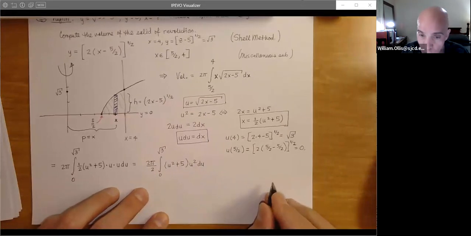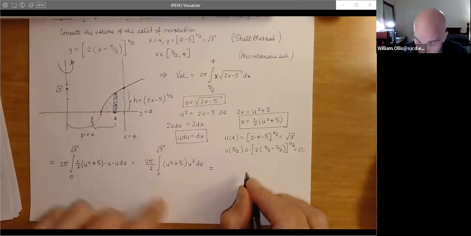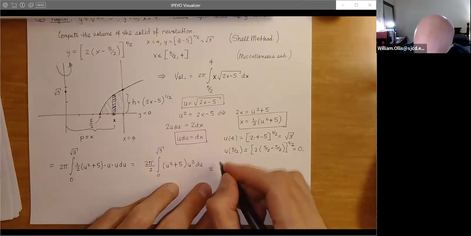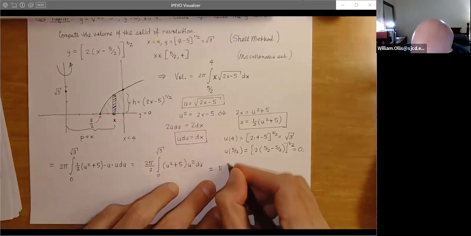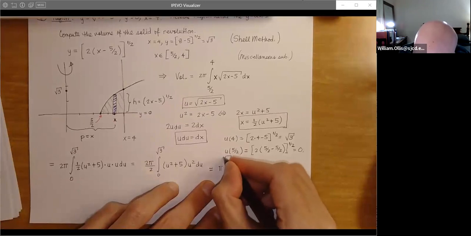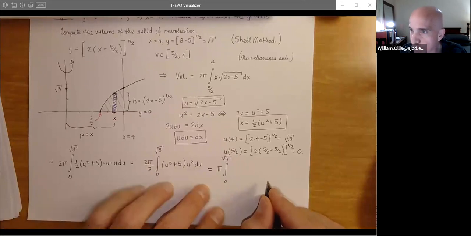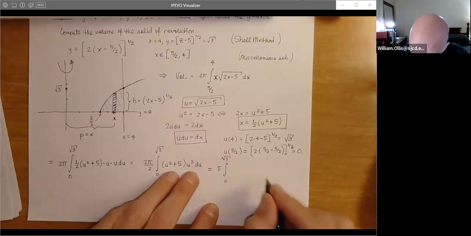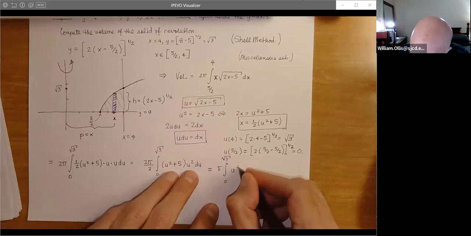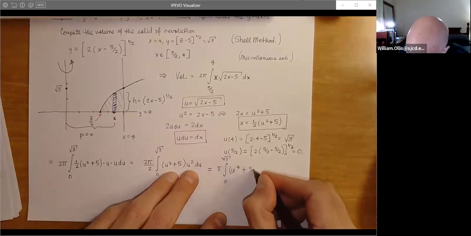So now this is just going to turn into a power rule problem, which was the whole reason we needed to do this. So of course, the 2's absorb. Again, just remind yourself of the optimization problems from Cal 1, and then you find yourself at home. So now we've got what, u to the 4th plus 5u squared.